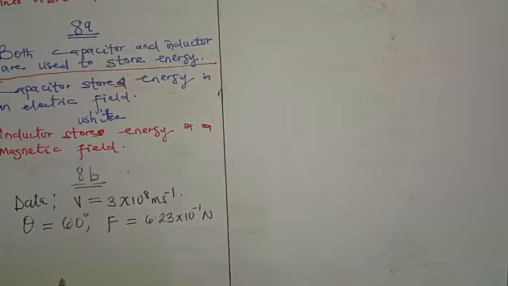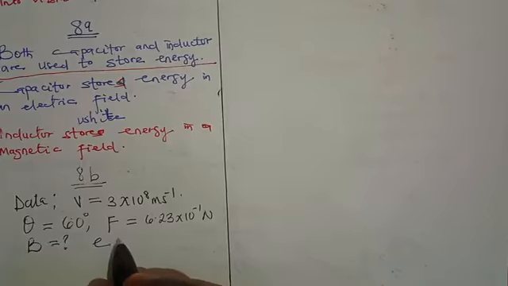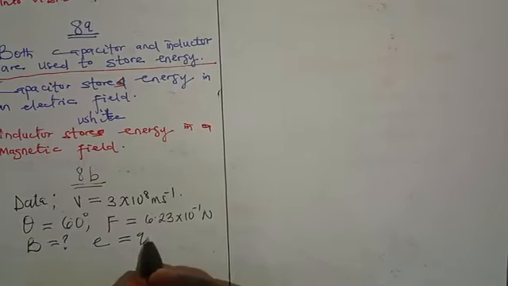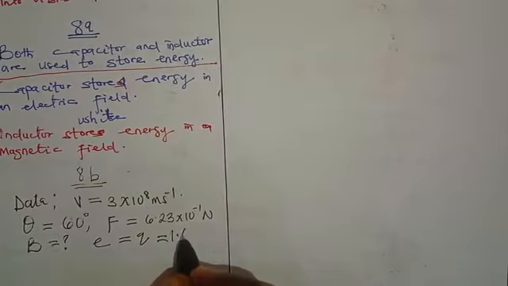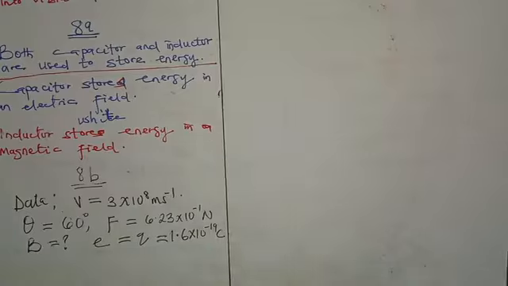Then we are asked to calculate the magnetic flux density. So that is B. We don't know it, and given that the charge is equal to 1.6 times 10 raised to the power minus 19 coulomb.